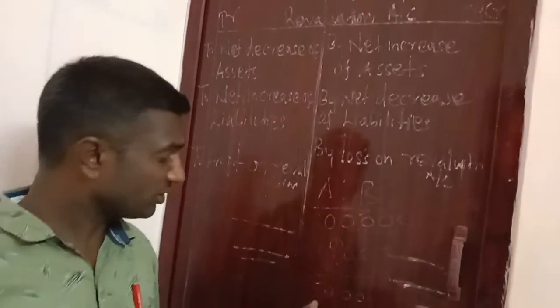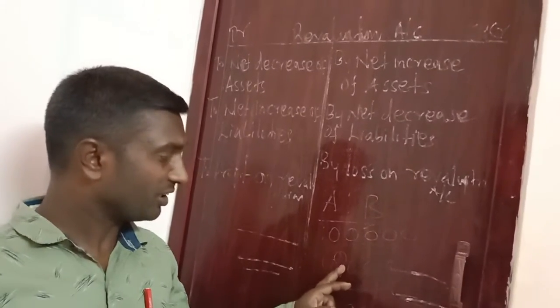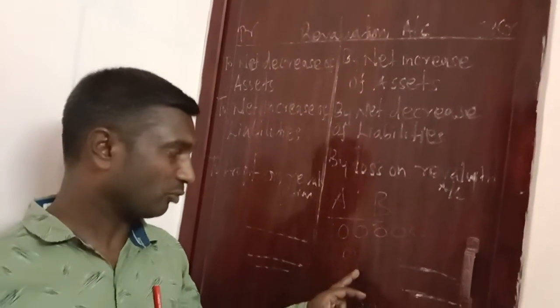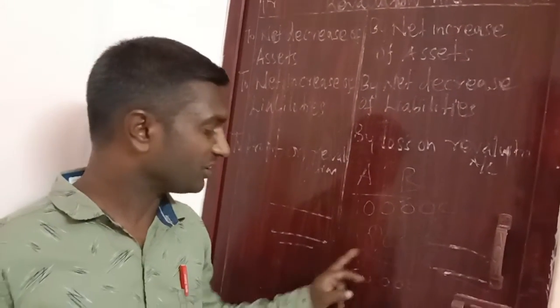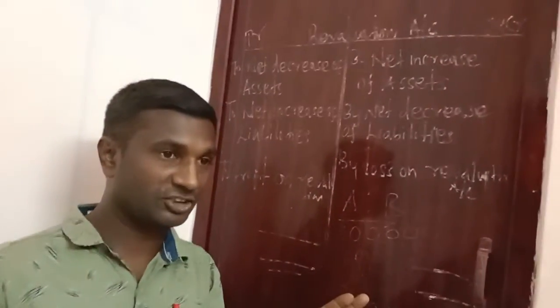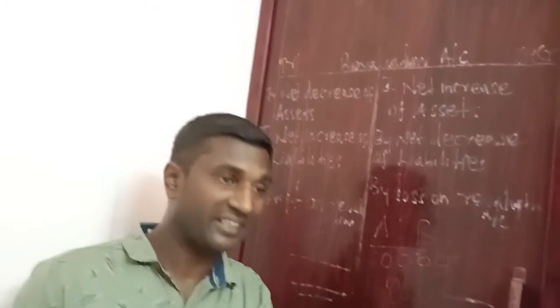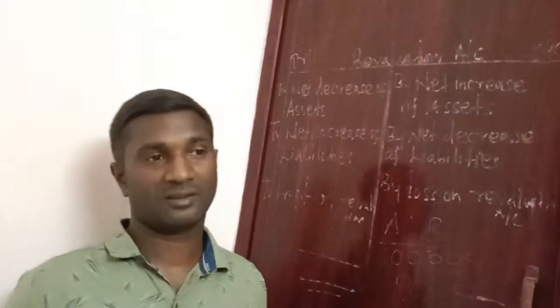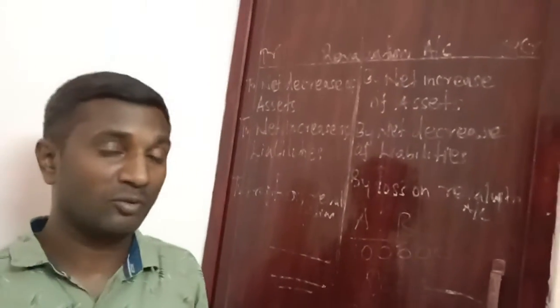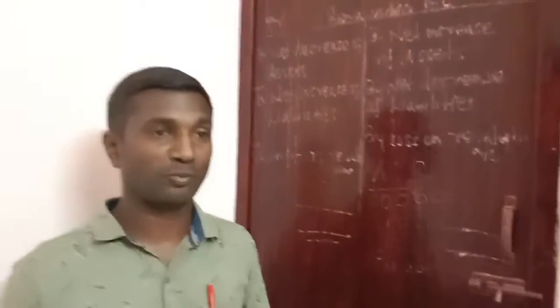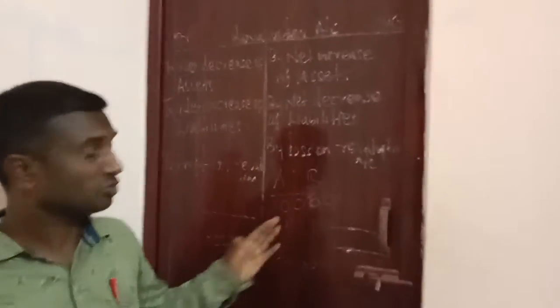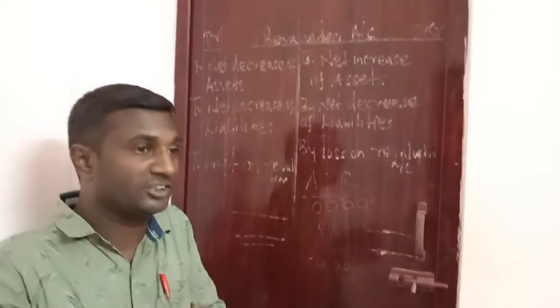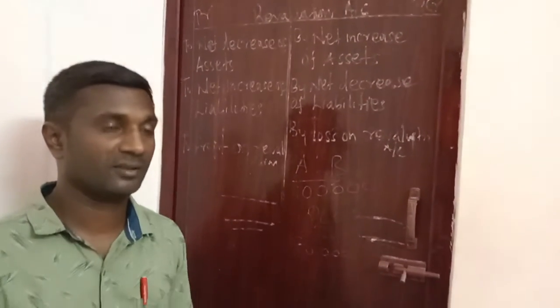The current value is 20,000 and the book value is 1 lakh rupees, so 80,000 is decreased. Assets decreased means it is a loss item. The revaluation account is also called the profit and loss adjustment account.